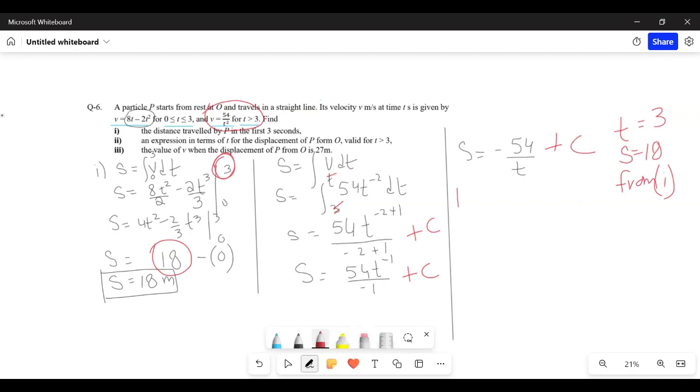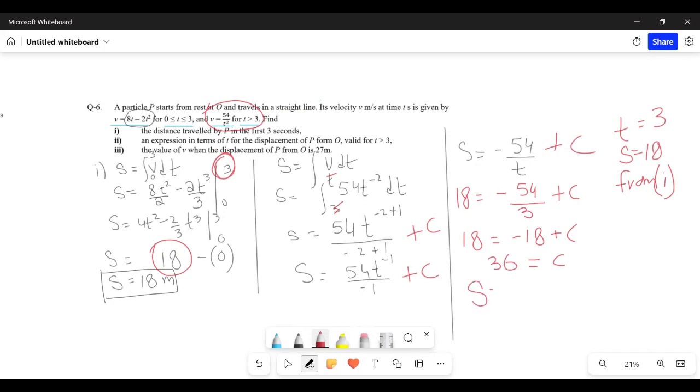So S की जगह लिख लिया 18 और T की जगह लिख लिया 3 plus C. So we get 18 is equal to minus 18 plus C. So C is equal to 36.